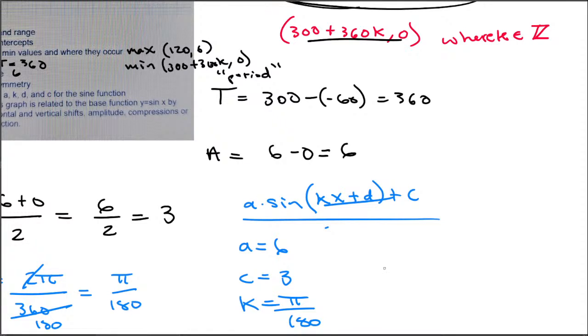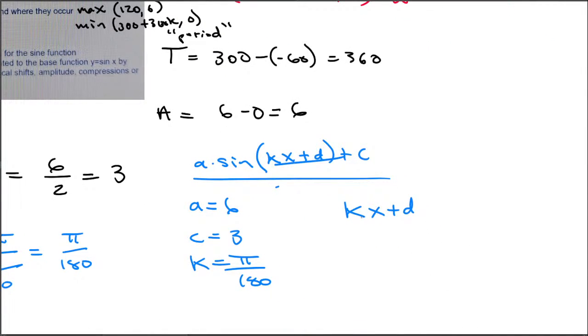And then, what is the other one? D. So we have kx plus d. What you have to do is factor out this k. So this thing is the same as k times x plus d over k. And if you distribute that k back in here, you'll see that this is true.